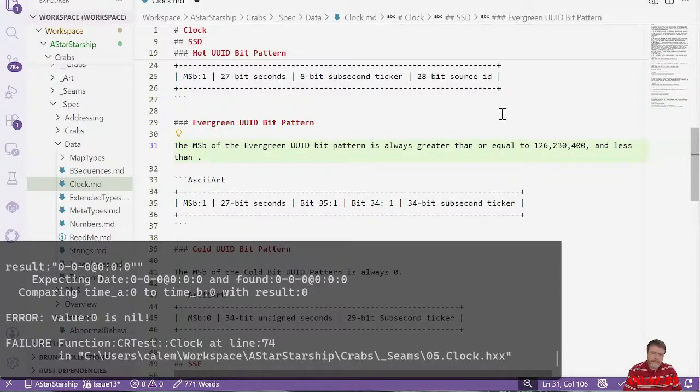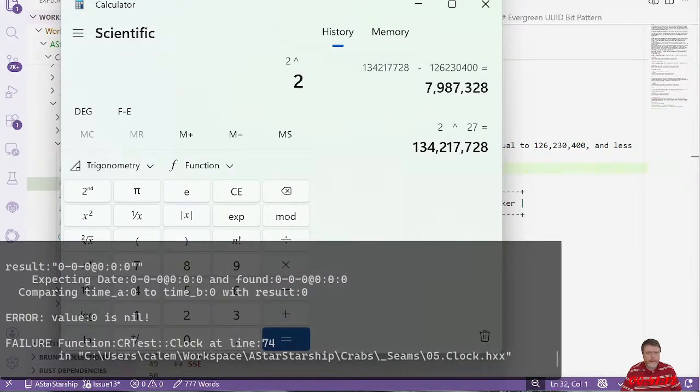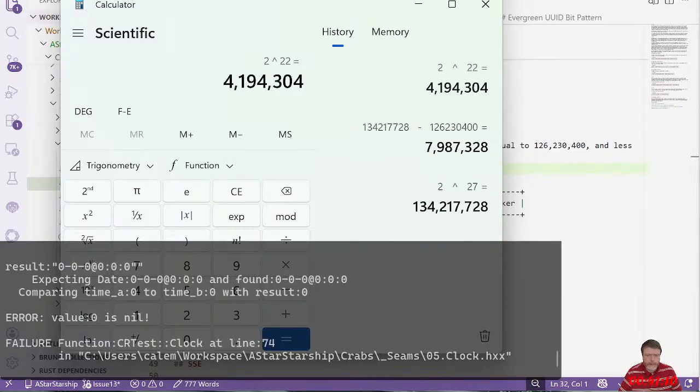Less than, which is 22 bits. And less than, and then we do 2 to the 22. What?